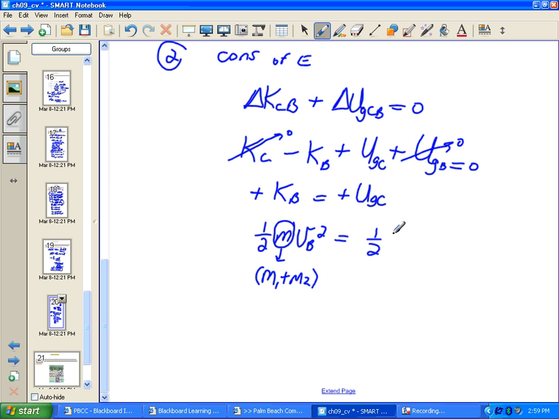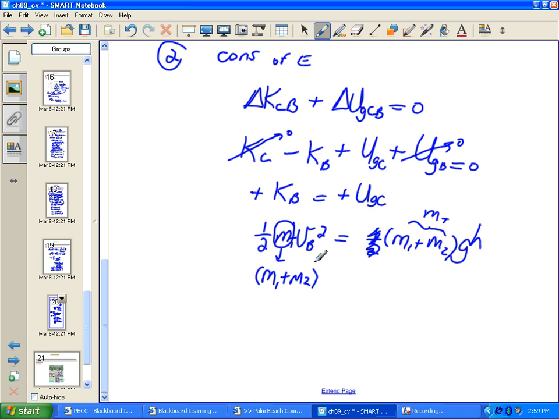Equals, oh, sorry, not the half. No. It's MGH. So it's M1 plus M2. Okay, that's like our combined M. Let's call this M total. Why not? g times y sub C, which of course they told us is h, which is the height above.